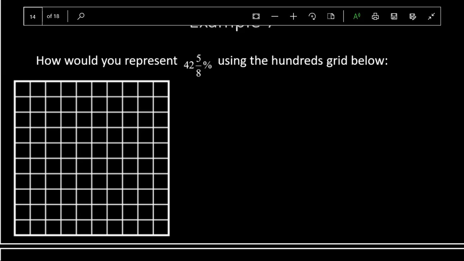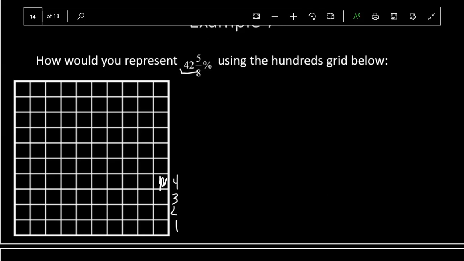Okay, so let's go over this. We need to first fill in 42 complete squares. I'm going to start from the bottom and count up. So I need to fill in that one, 2, 3. So we for sure need to fill in 40.